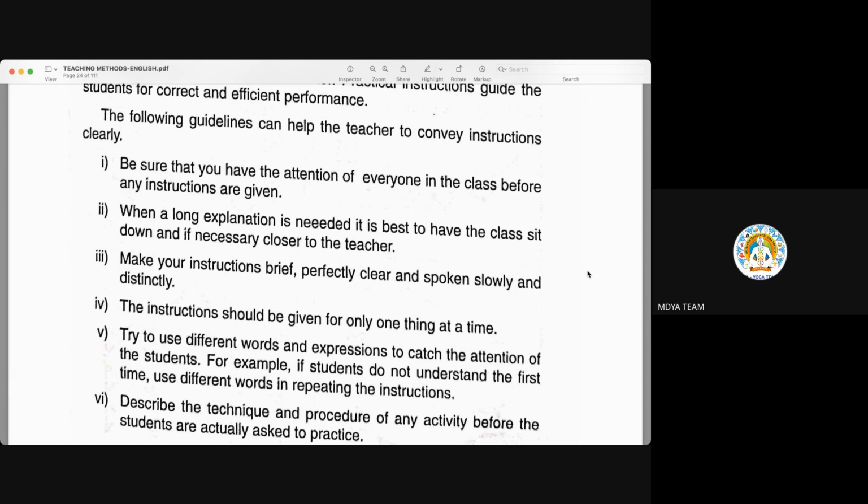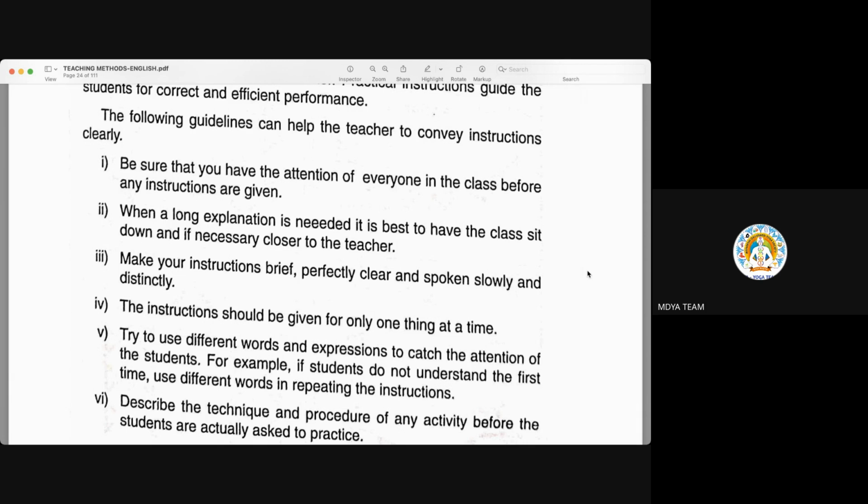When a long explanation is needed, it is best to have the class sit down, and the students should not be very far from the teacher, but at a good, closer distance to the teacher.